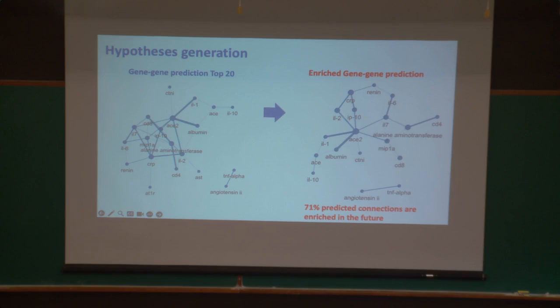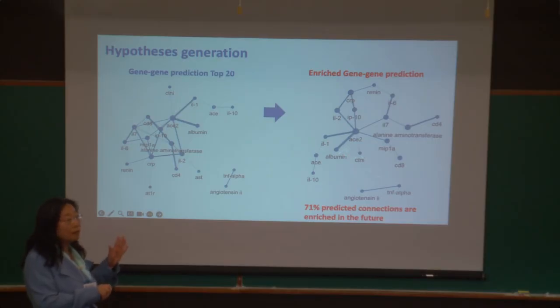And here is the predicted link that we have. This predicted link is the link we predict using the given data, the data before April 30th. And this is the validation. This validation uses the publications after April 30th.